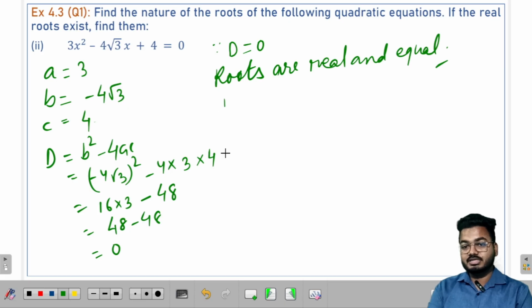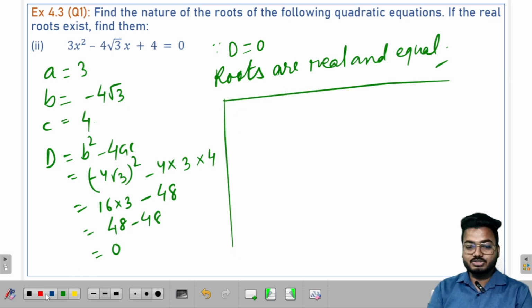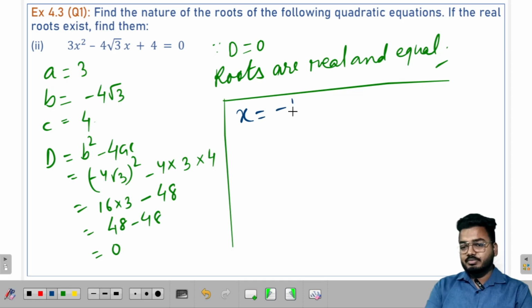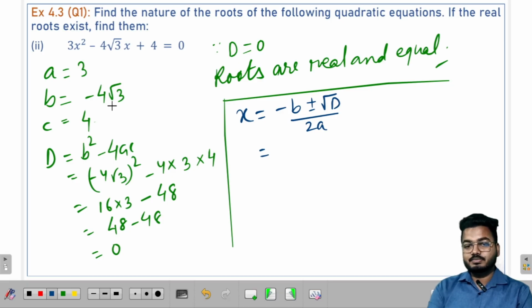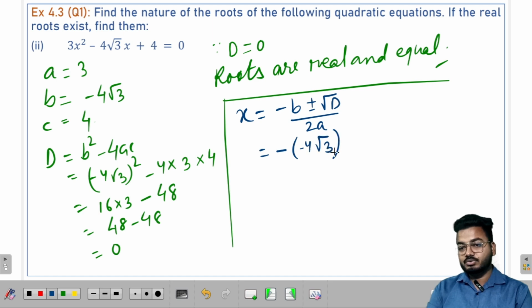Okay, so in this case I have to find the value of the roots. That can be found as x is equal to minus b plus minus root d by 2a. So what is the value of minus b? Minus, and what is the value of b? Minus 4 root 3, so minus minus 4 root 3 plus minus root d. The value of d is 0, so obviously this will make no difference, and yes, divided by 2 into 3.